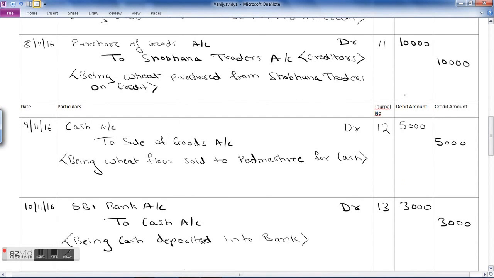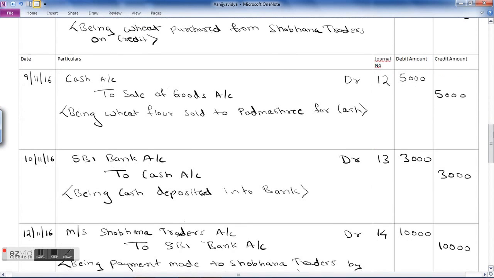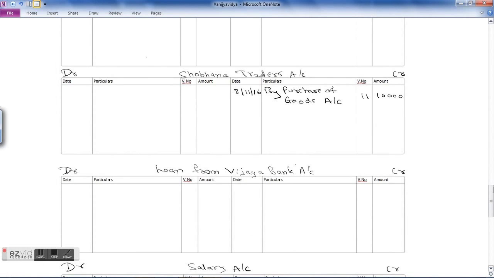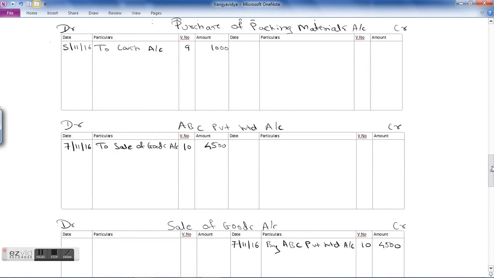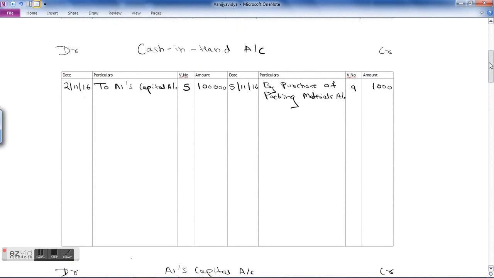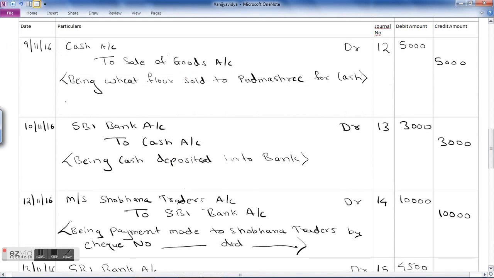Now the next entry, cash account debit to sale of goods account. Okay, so 9/11/2016 cash account will go first. Cash account, you have to write it on debit side. Okay, cash account debit.